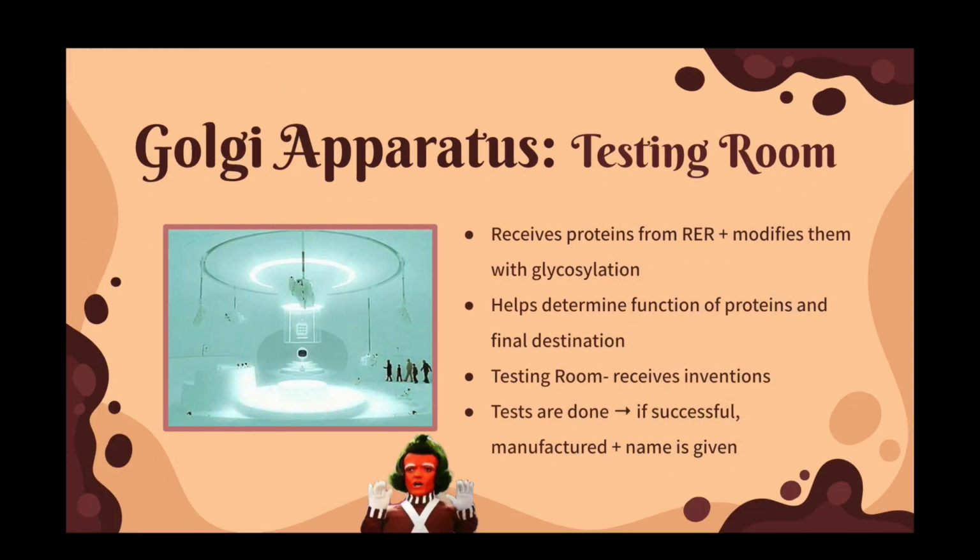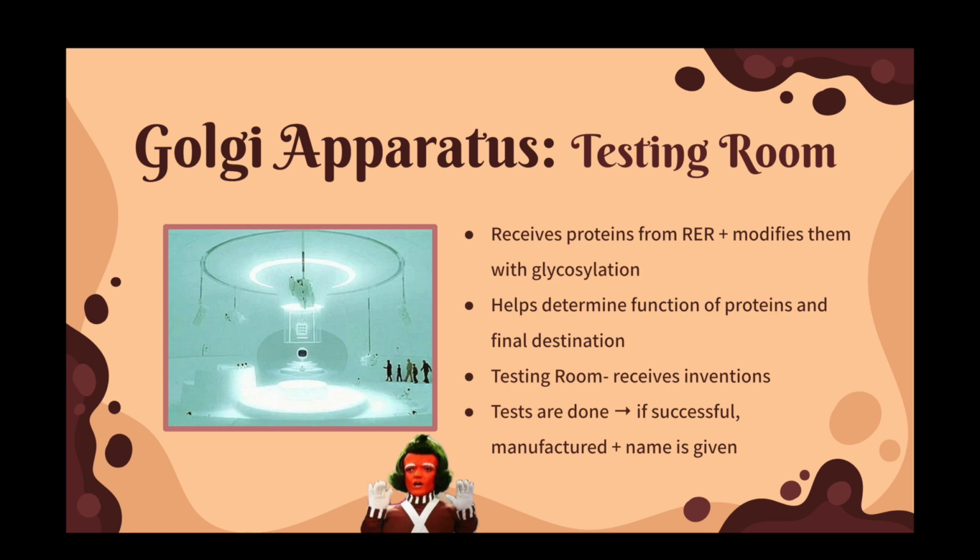After this, we have the Golgi apparatus, which is going to be our testing room. The Golgi receives the proteins from the rough ER and modifies them by attaching sugars on them through the process of glycosylation. And this helps determine the function of the protein and the location of its final destination.